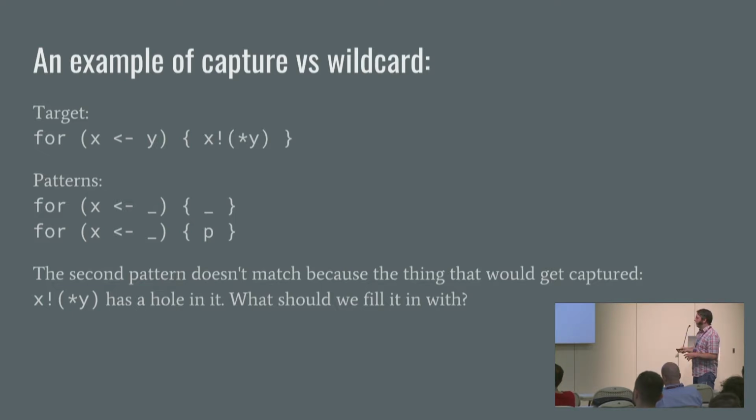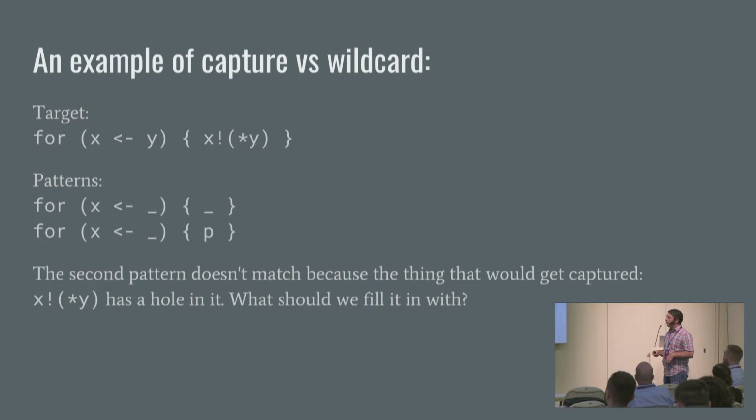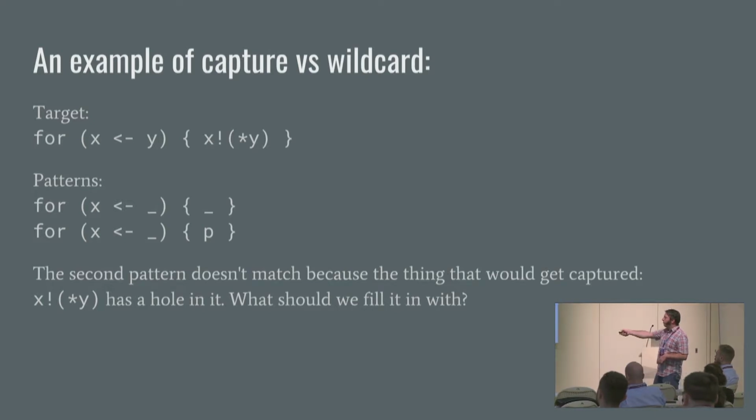If we had a type that was term with n holes, then you could conceivably match p with this, and it would end up being lambda x dot x bang star y, and you'd have to supply some x. But we don't do that at the moment.